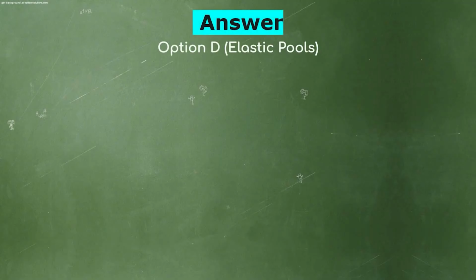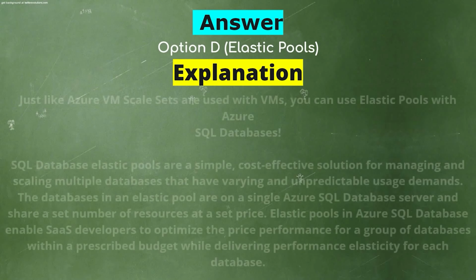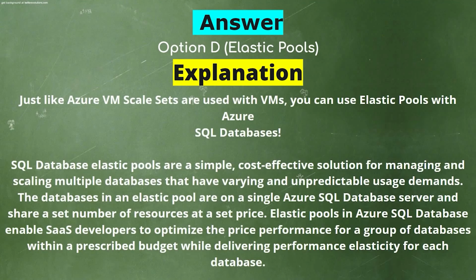Elastic pools. Explanation. Just like Azure VM scale sets are used with VMs, you can use elastic pools with Azure SQL databases. SQL database elastic pools are a simple, cost-effective solution for managing and scaling multiple databases that have varying and unpredictable usage demands.